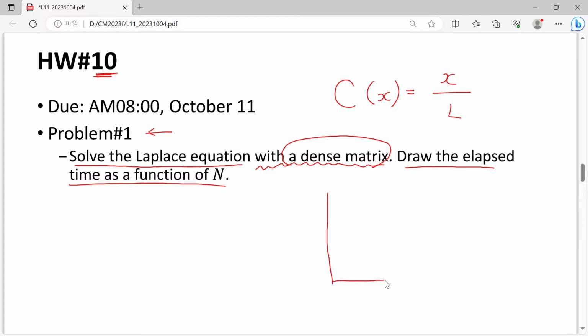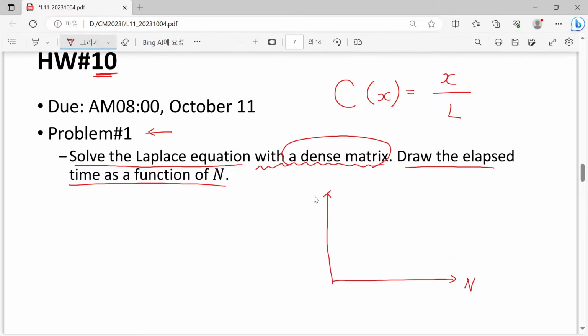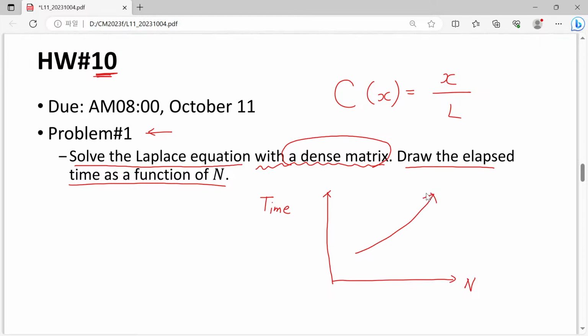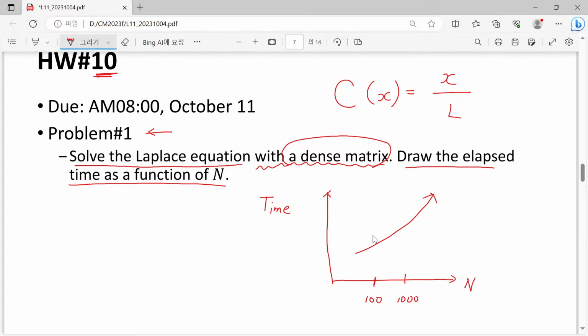Then what you will get is like this. Here you have the number n and here your time. Then you can easily understand there will be certain graphs ever increasing. So when you have 100, 1000, well, please try to measure it.